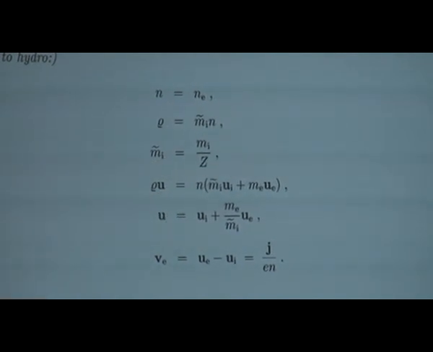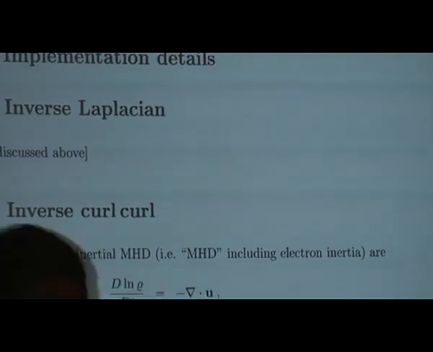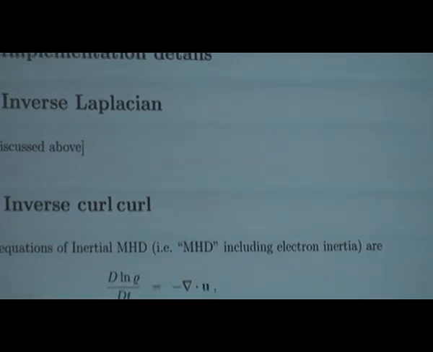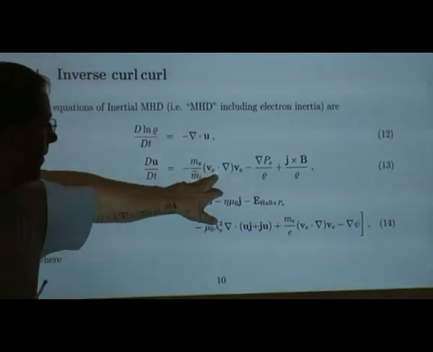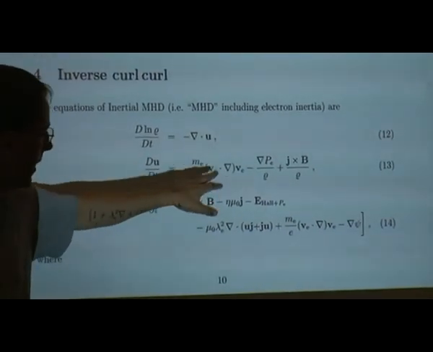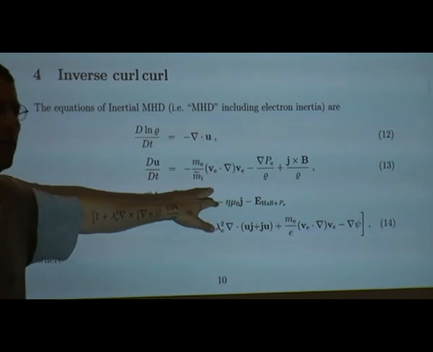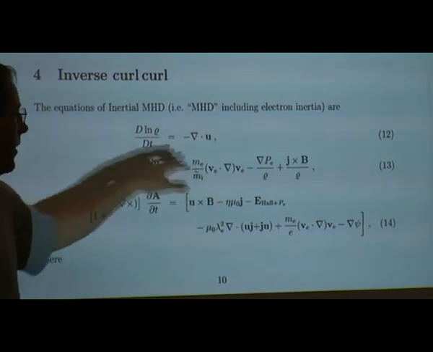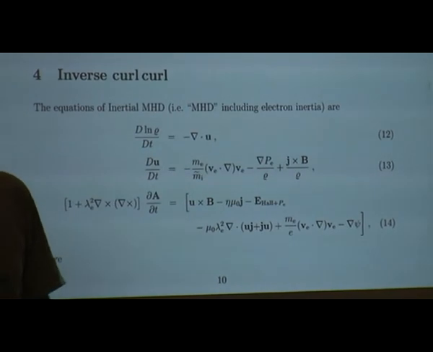We can do this assumption on the momentum equation. No, before. Here, when you see the VE, yes, here. No, as I said before, m_e v_e can often be comparable to m_i v_i.